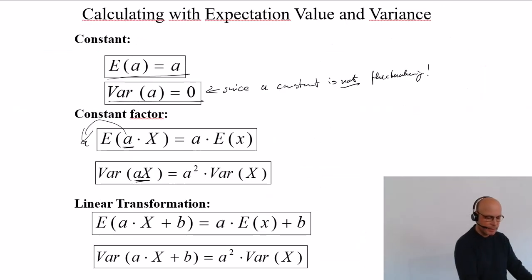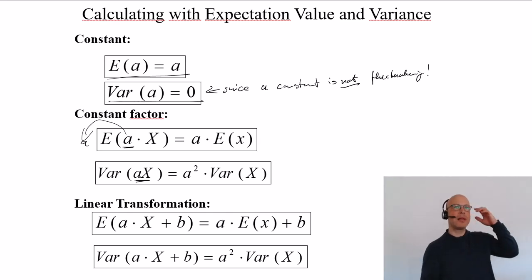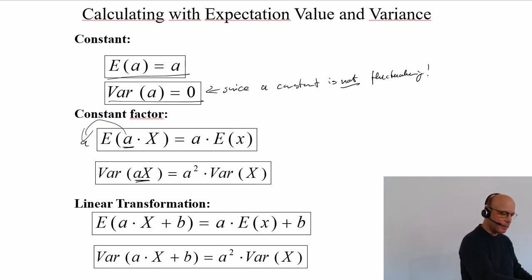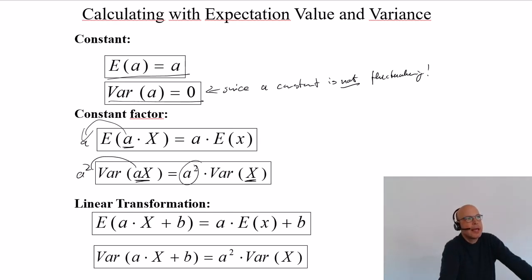And this means that if we multiply any random variable with a constant, the variance translates into the squared constant times the variance of our original random variable x. So this means here we have to take outside an a squared.